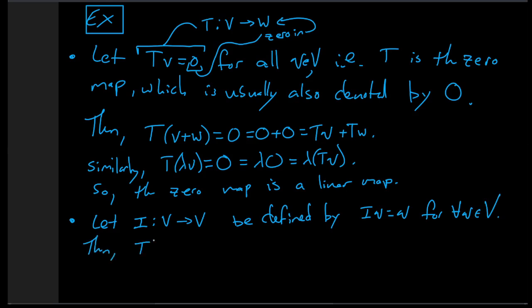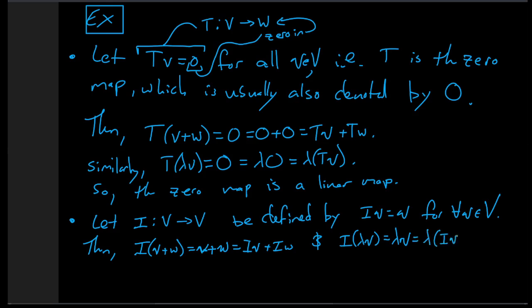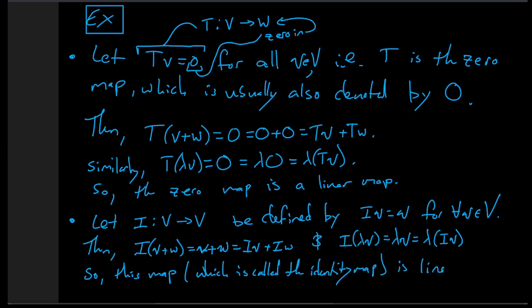Then I of V plus W is V plus W, which is I of V plus I of W, and I of lambda V is just lambda V, which is lambda scaling I of V. So this map, which is called the identity map, is linear too.